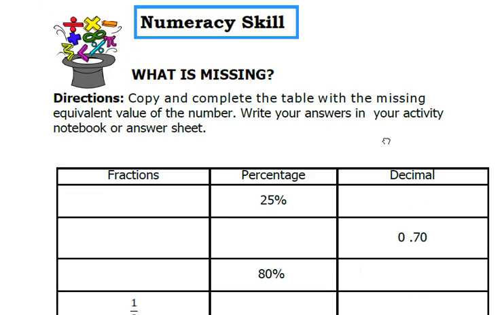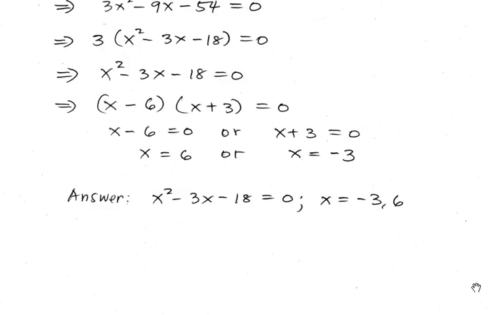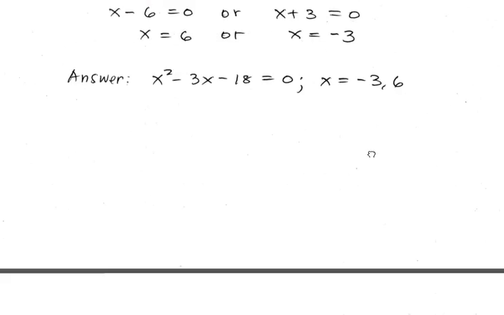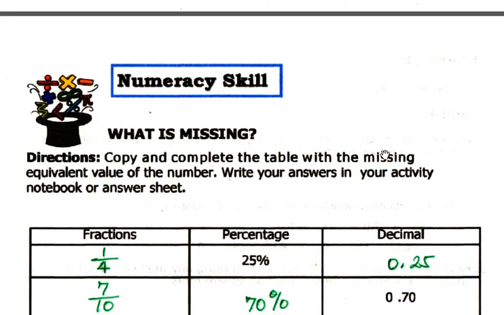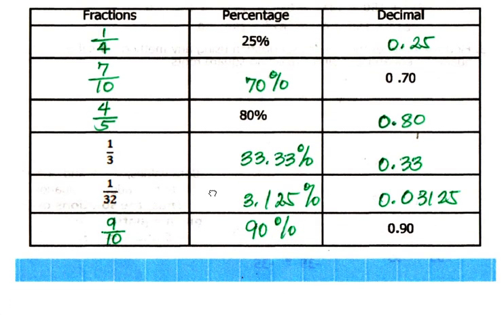Let's consider now the numeracy skill. What is missing? Copy and complete the table with the missing equivalent value of the number and write your answer in your answer sheet. We have the column for the fractions, its equivalent percentage form, and its equivalent decimal form.